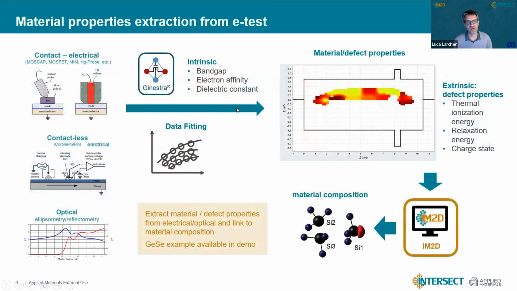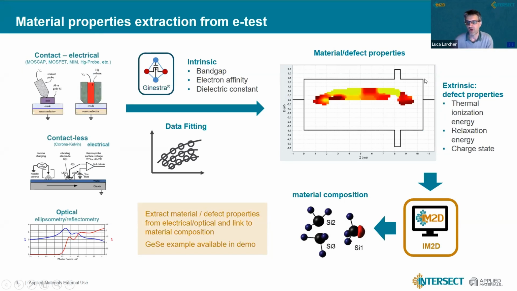And here, a little bit more color about that. There is nothing new in this slide, but it's just to show you which kind of measurements we have. We have electrical contact measurements, but we can also have contactless measurements. We can also have optical signal. Again, we process through Ginestra.